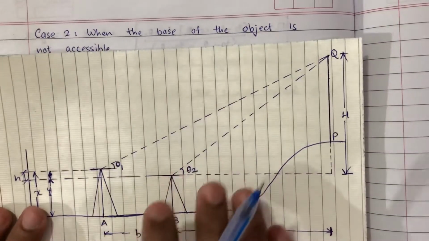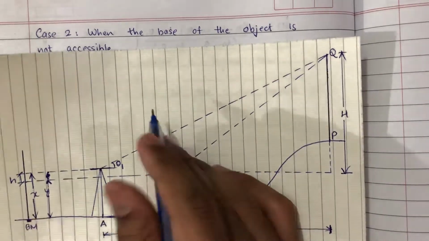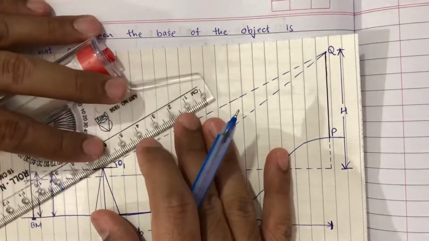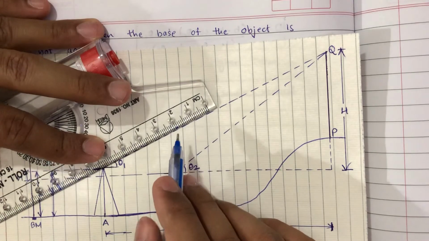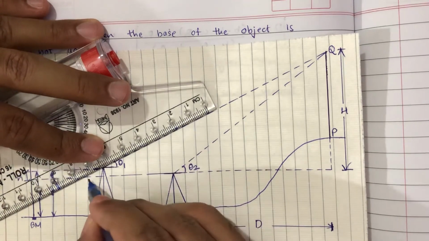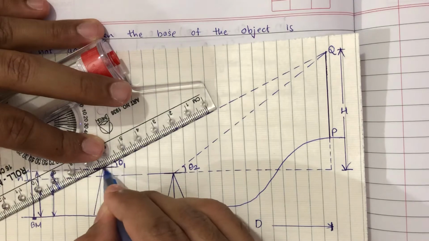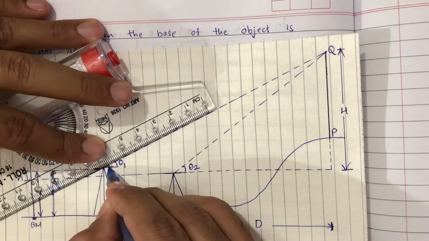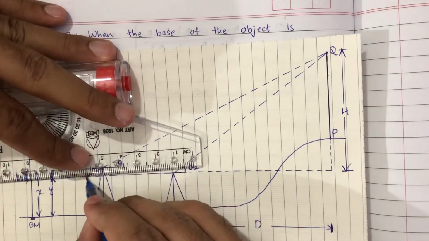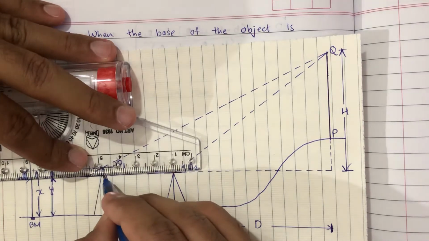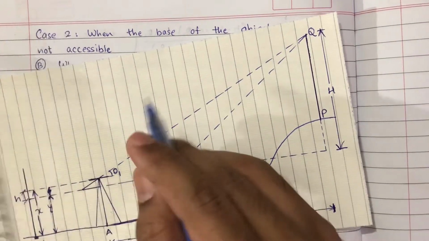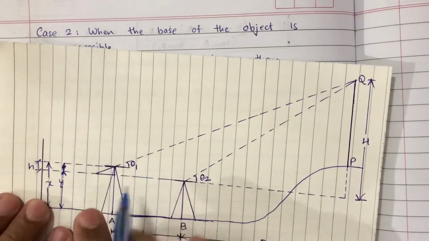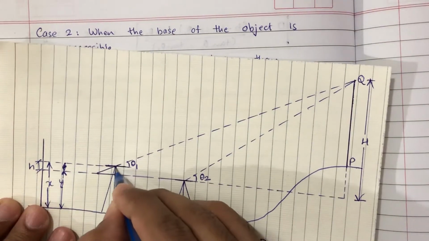Now here, if we extend this line of elevation to this point, and we make a triangle in this way, this is the triangle made.